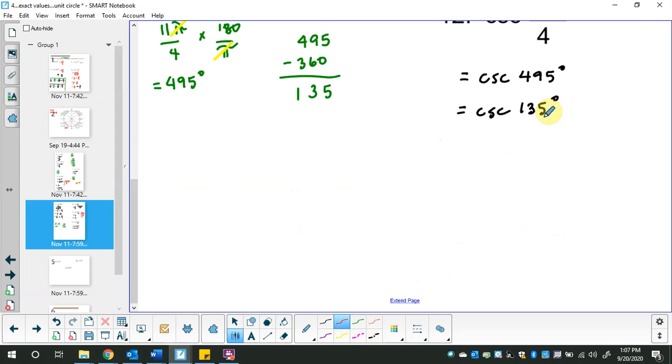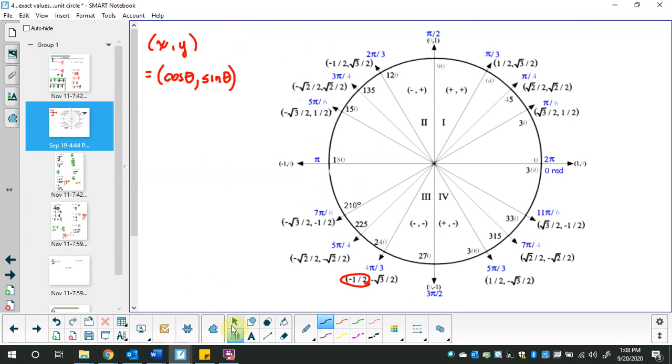That is on the unit circle, cosecant isn't. So you need to remember that cosecant has a reciprocal identity. Reciprocal meaning upside down, and it's the upside down of sine. So if I can figure out sine 135 degrees and turn it upside down, I will be able to go directly to my answer. So 135 sine.